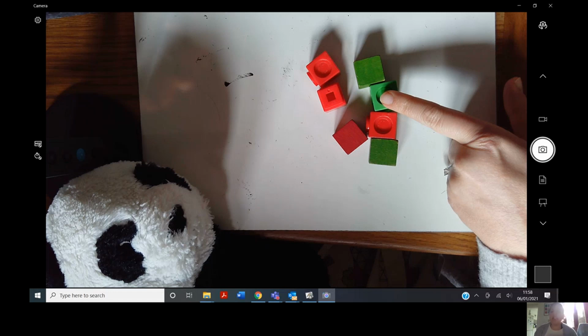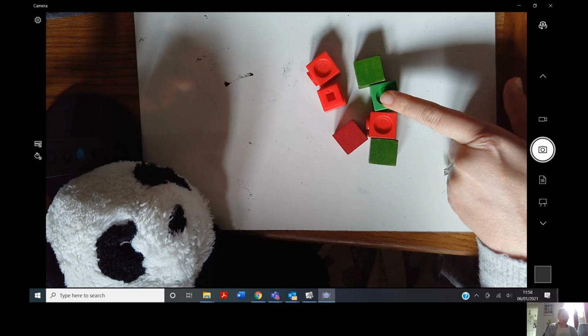I now want to find out how many of my equal parts are coloured red. How many are coloured red? 1, 2, 3, 4. 4 red cubes.